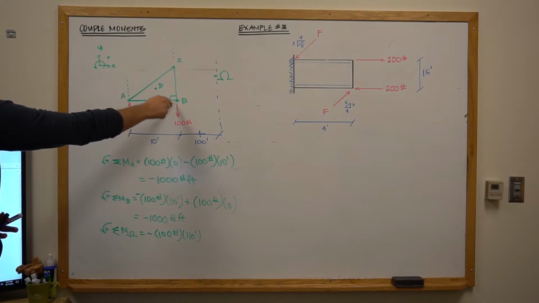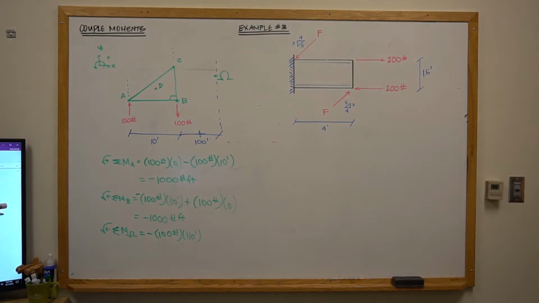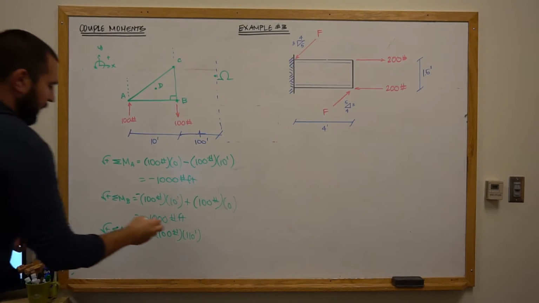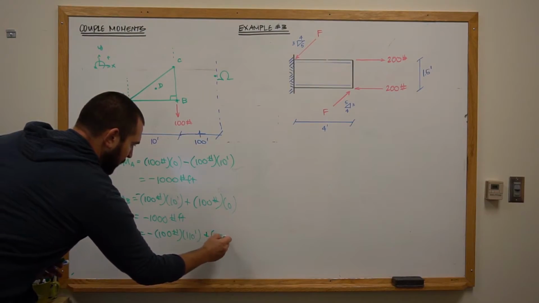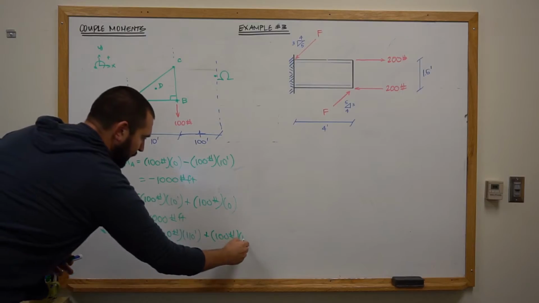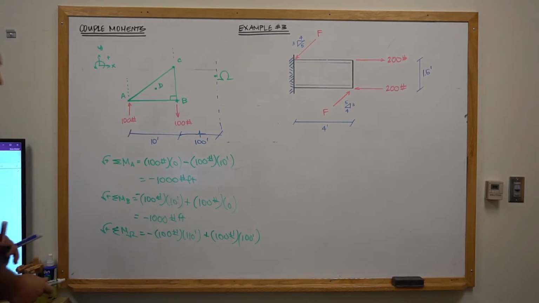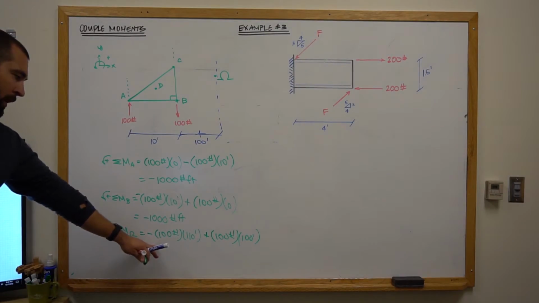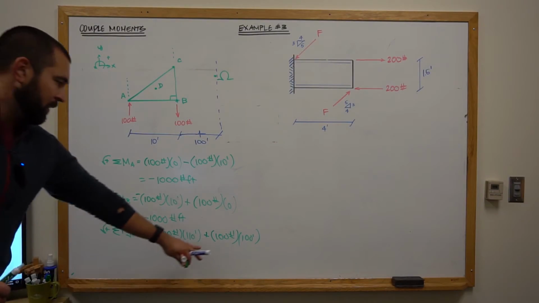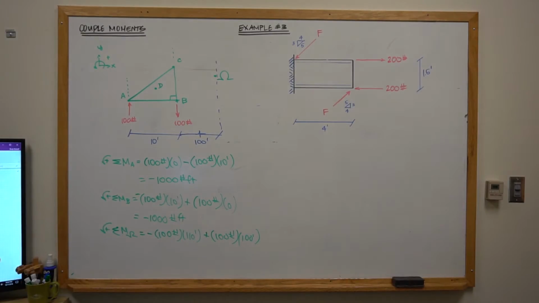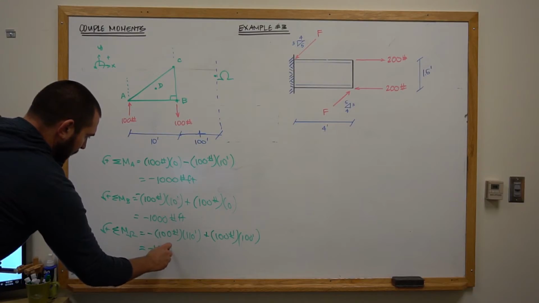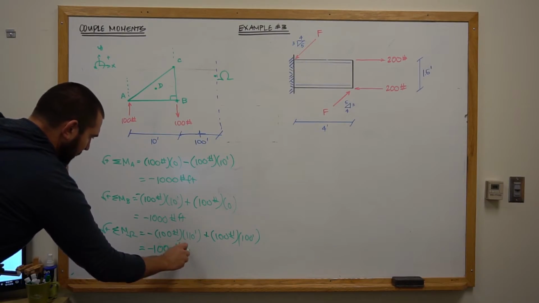But then this part of the couple force, this 100 pounds going downwards, that's going to cause a counterclockwise rotation about omega, and so that'll be positive 100 pounds, and its moment arm is simply that 100 feet that's left over. So just a little bit of algebra right here. I'm going to get negative 11,000 pound-feet plus 10,000 pound-feet, and I'll get a net moment of negative 1,000 pound-feet.